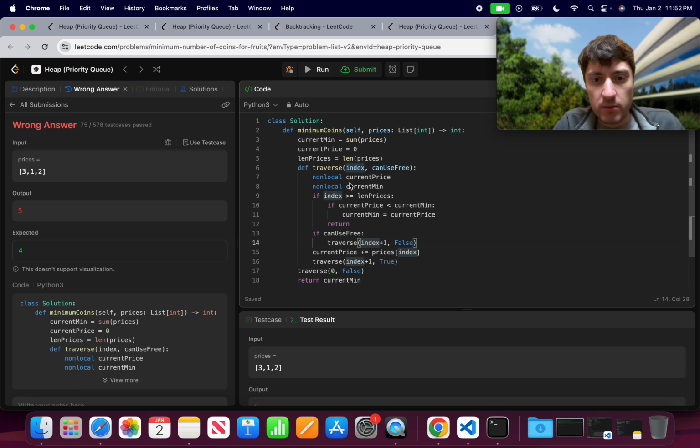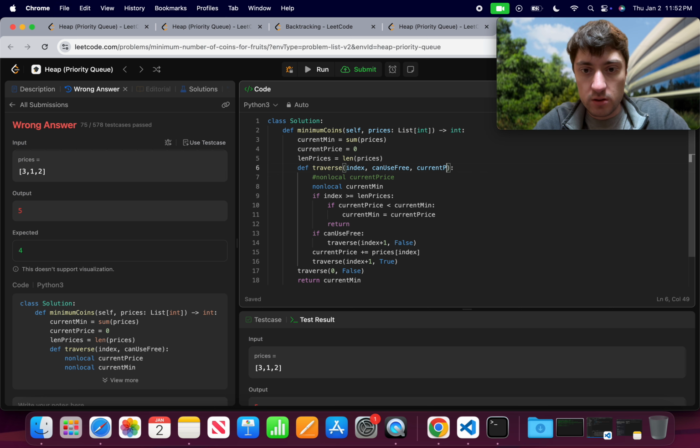What? Maybe I'm using this current price incorrectly. What if I did something like this? Hold on. Whoops. Python comments are a hashtag. Okay. So what if I did current price right here, and then I say current price, we start at 0.